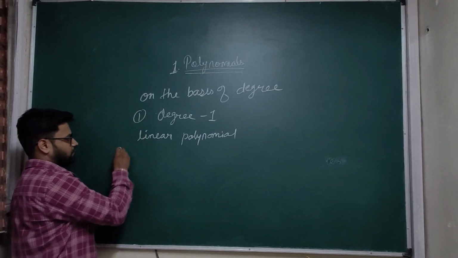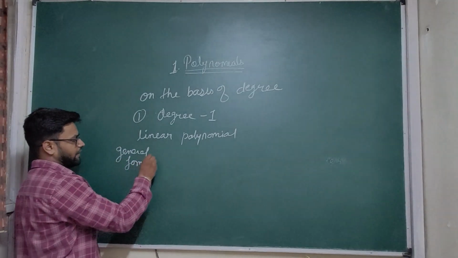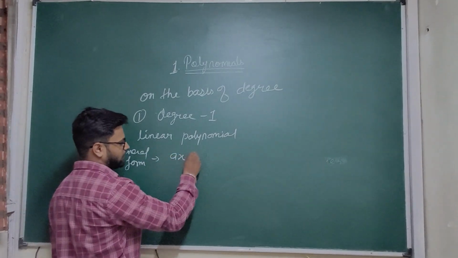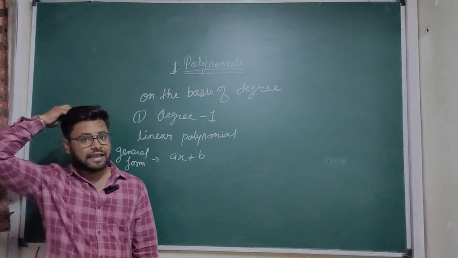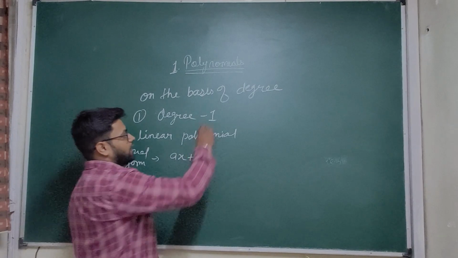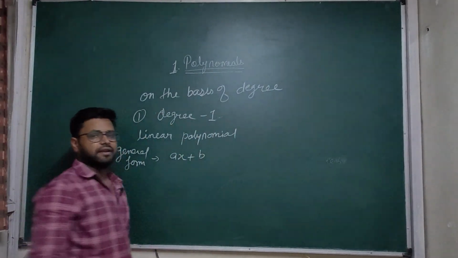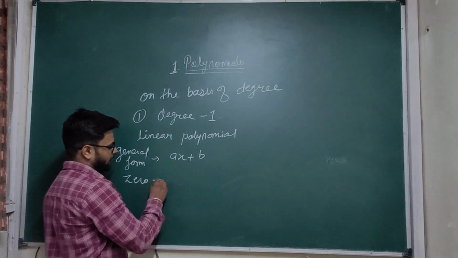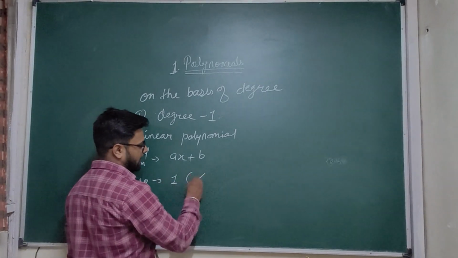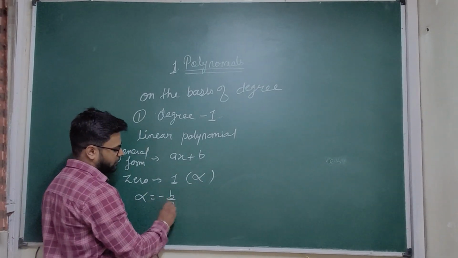The general form of a linear polynomial is ax plus b, and it has one zero. It is called alpha, and the value of alpha will be minus b by a.